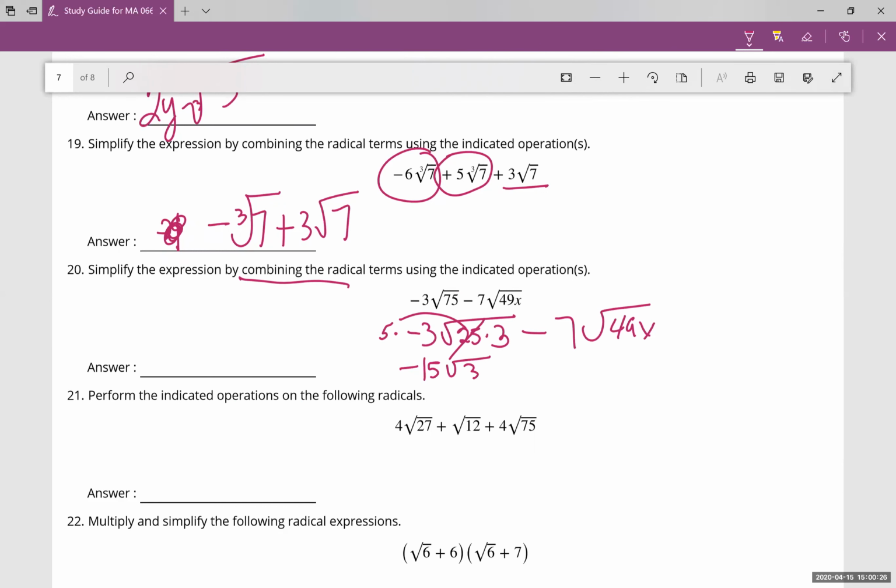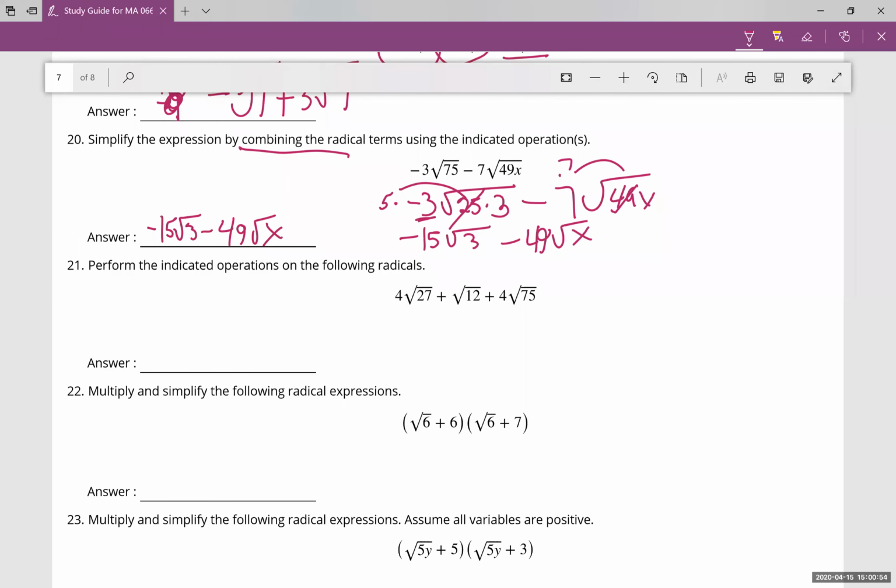You have to know that when that comes out, if there's a number sitting out there, you need to multiply it. So that becomes negative 15 square root 3. This one, out comes a 7, and we're going to multiply it. So we have minus 49 square root x. And we're really done because we cannot combine these whatsoever. So the answer here is negative 15 square root 3 minus 49 square root x.